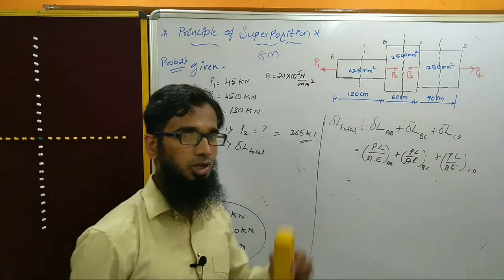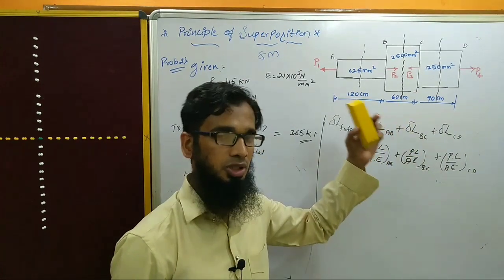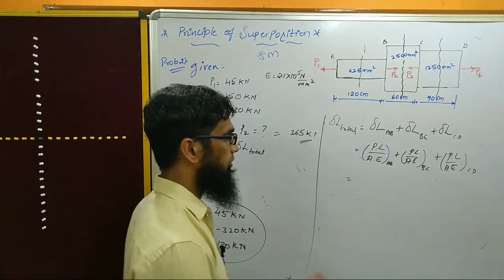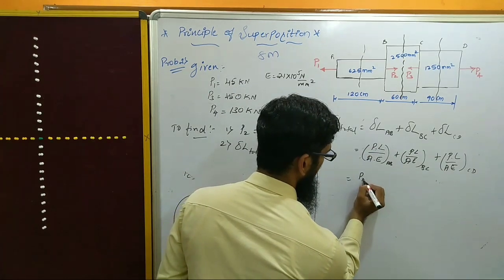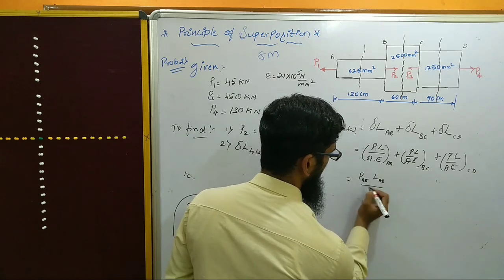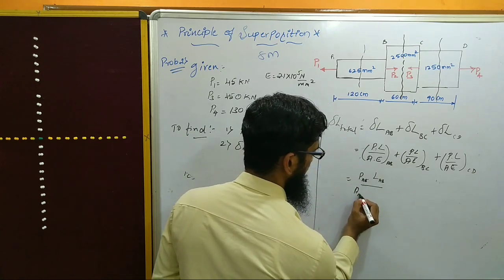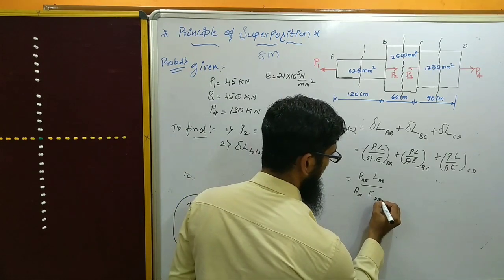So this value is common for all the cases, since it is the same material. Now what changes here is PAB, the length of AB, the area of AB, Young's modulus of AB.